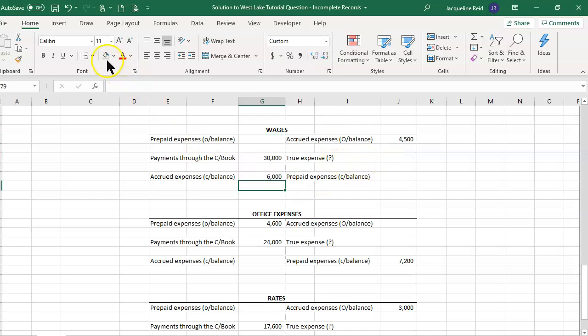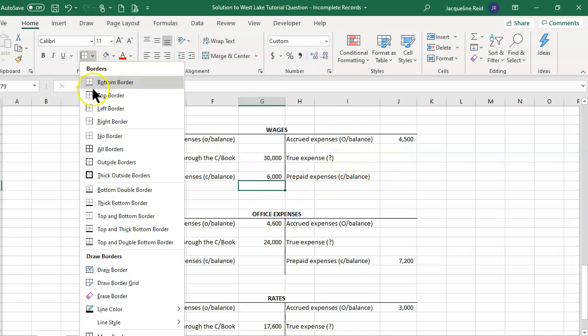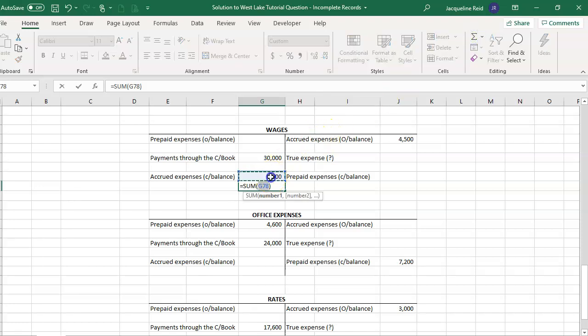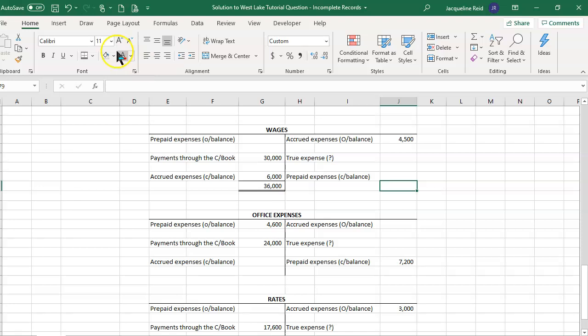So let's start with this one. For the wages, our combined figure on the debit side is 36,000. So it means therefore that over here our total has to be $36,000. So for that to happen, it means that the true expense, oh, by the way, this is zero. There was no prepaid wages.